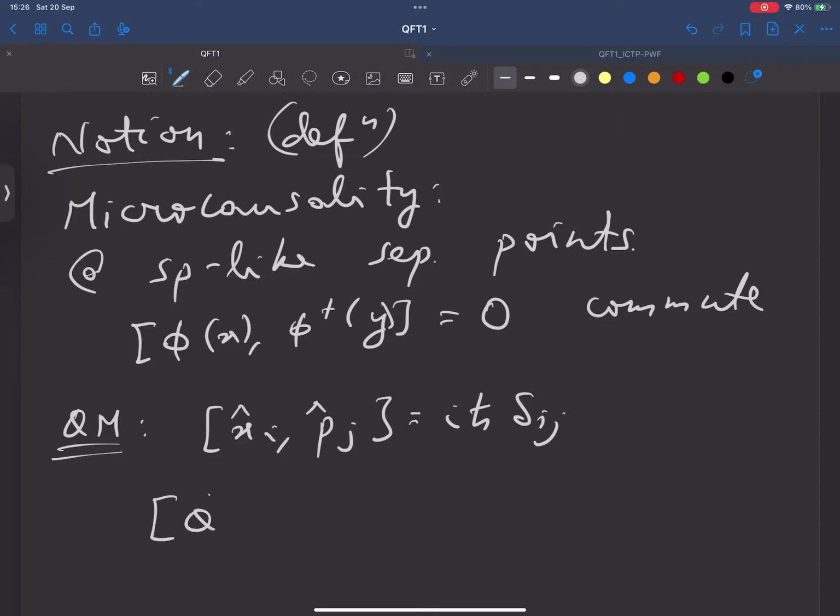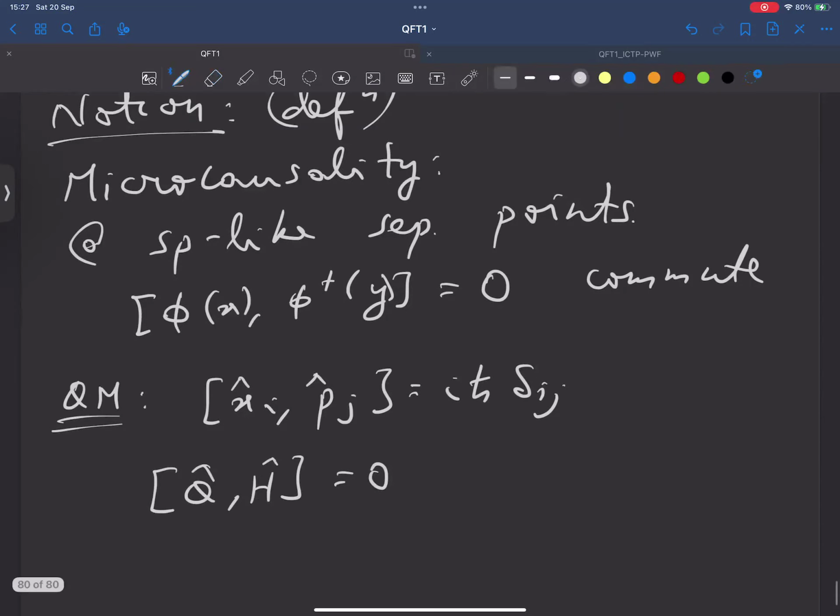However, today we saw that the charge and the energy eigenstates commutator was identically zero, and we said that they are simultaneously diagonalizable. What that meant was you can do independent measurements of the charge and of the energy, and that's fine. That's built into this notion of microcausality. So if at space-like points commutators vanish, then they don't talk to each other.